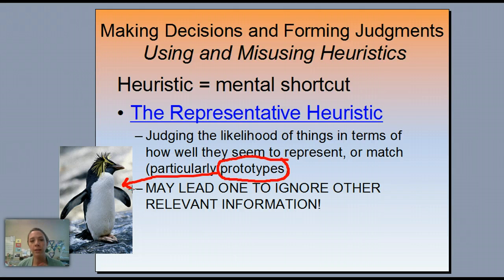So maybe I decide that something new is a bird because it has wings, or something that looks like wings, but maybe it doesn't lay eggs. Maybe it doesn't fly. Maybe it doesn't have two feet. But because I thought that wings equal bird, I'm stuck. I use that representativeness heuristic, thinking that the new creature I find or see is a bird. All right, so that's my representativeness heuristic. It could mislead you to not look at other things.